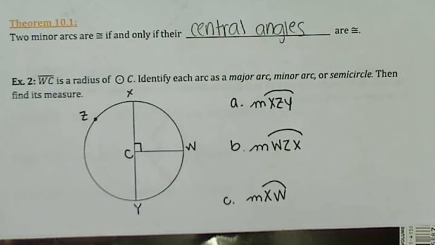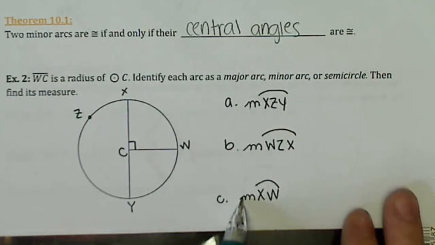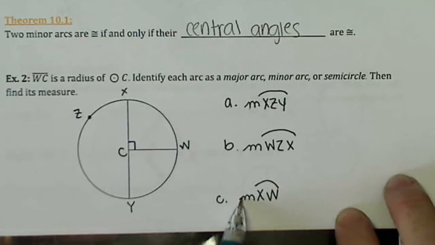Arcs, you can find its measure, which, think about an angle, it's measured in degrees, or an arc has a length, which is a piece of the circumference. So we have two things with arcs we're going to have to keep straight. Measure, angles, length, circumference. Here we have an M in front, measure. So we're talking about how many degrees.